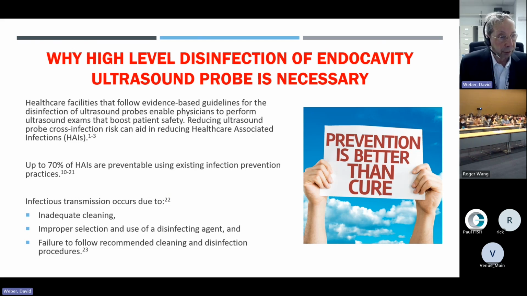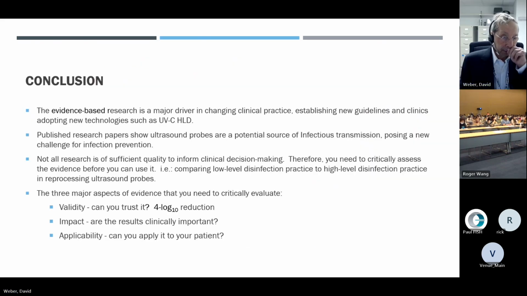And transmission occurs due to inadequate cleaning, improper selection use of a disinfecting agent or method, and failure to follow recommended cleaning and disinfection procedures. Everything we do in medicine and in healthcare, prevention is always better than treatment or trying to cure a patient. So prevention in life is always better than dealing with the consequences.